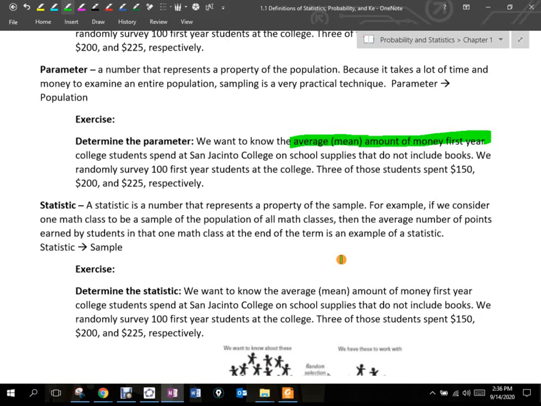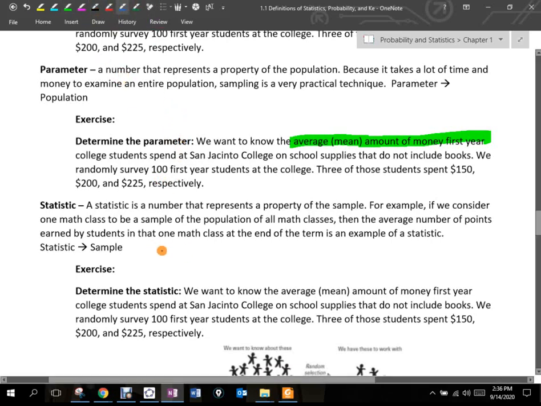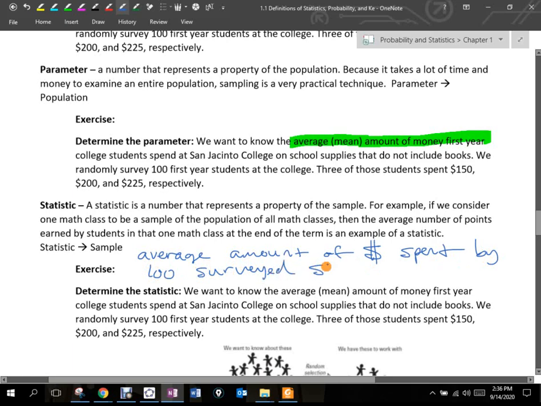It's not written in this exercise, but the sample here, being those 100 people, the statistic is the average amount of money spent by 100 surveyed students. Something like that. That's the statistic.